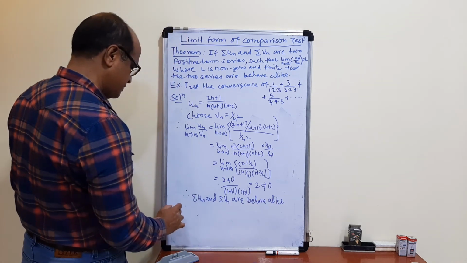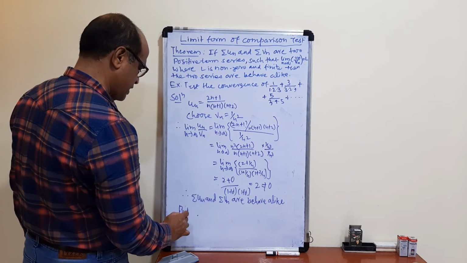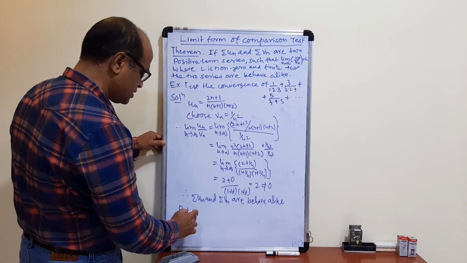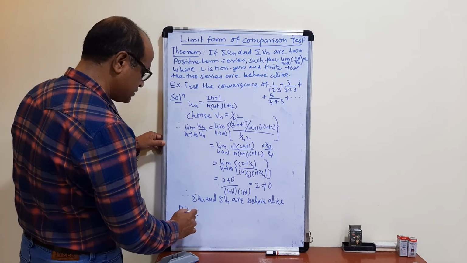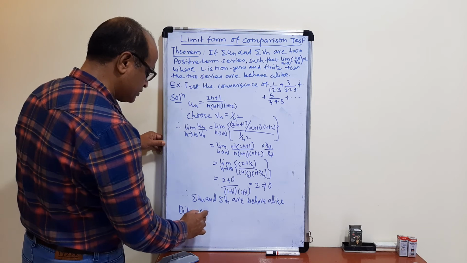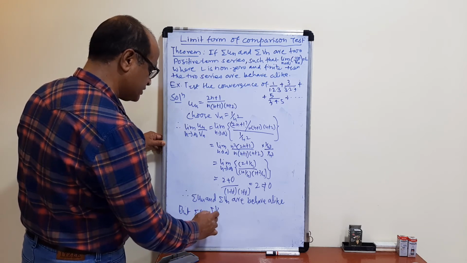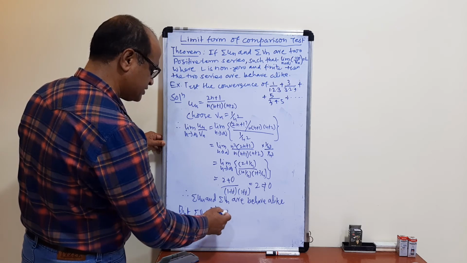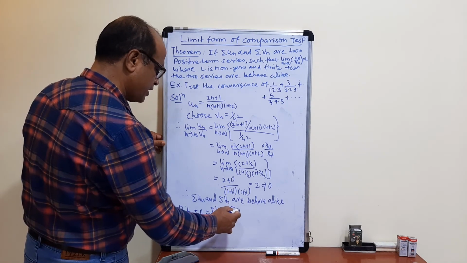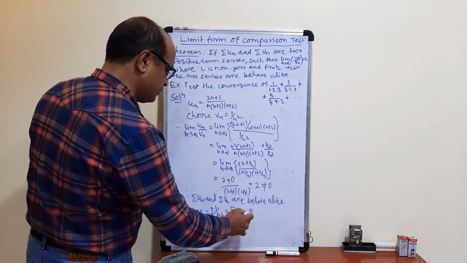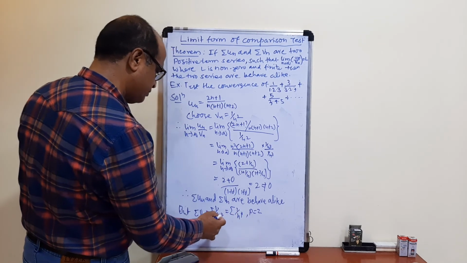But we take the series Vn. The series summation Vn is summation 1 upon n square. This is a P series, 1 upon n raised to P, where P is equal to 2.